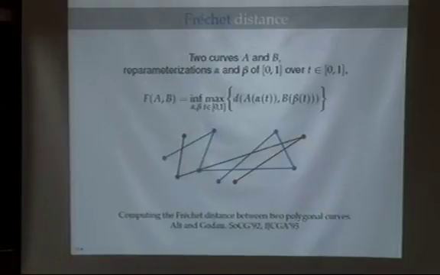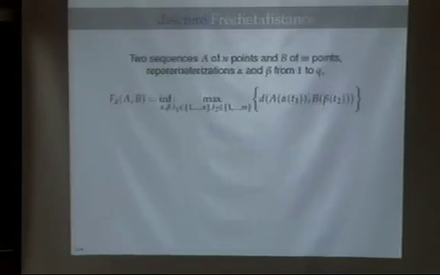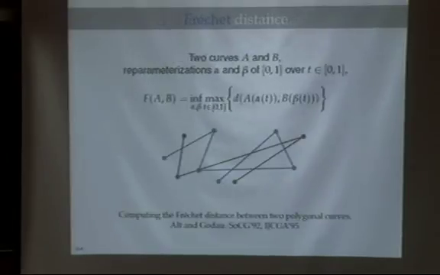So you can say that roughly n squared time it takes. Here n is the number of vertices on one curve, and m is the number of vertices on the other curve.